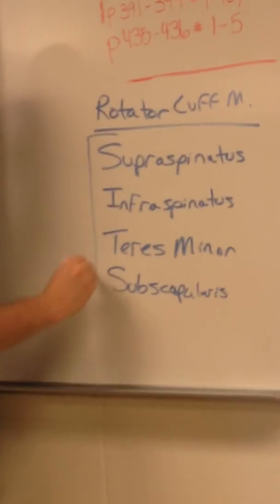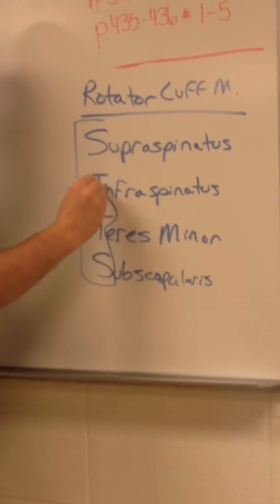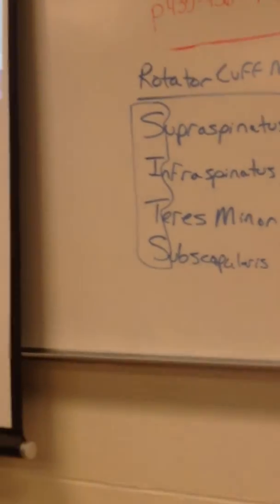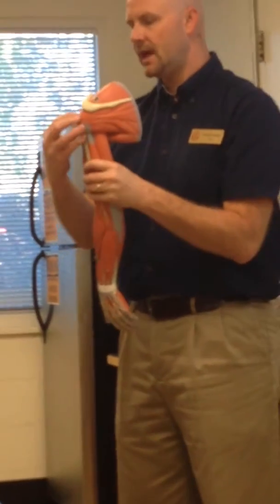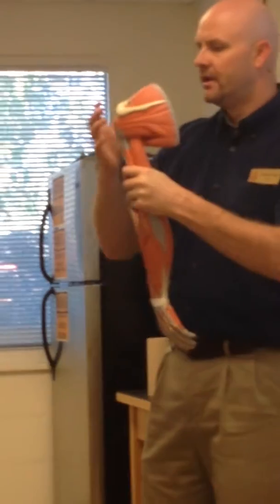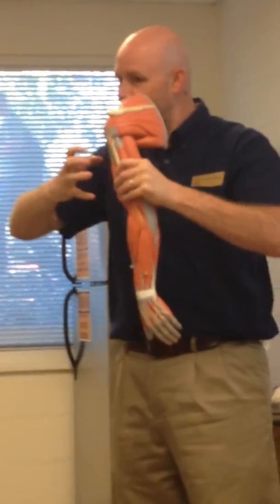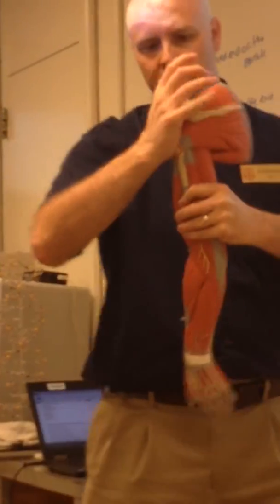Remember that they form the SITS muscles that sit on top of the shoulder. All right? The SITS muscles. That's your rotator cuff. If we look at the way these are organized, you'll see that they wrap around the head of the humerus and they pull it tight right up against the scapula at the glenoid. So they're pulling it in there. That's why it's a cuff. It's holding it into place there.